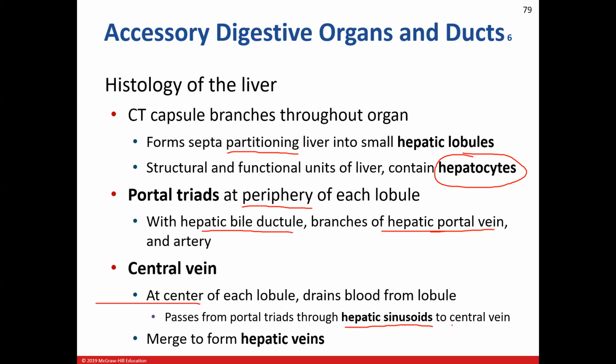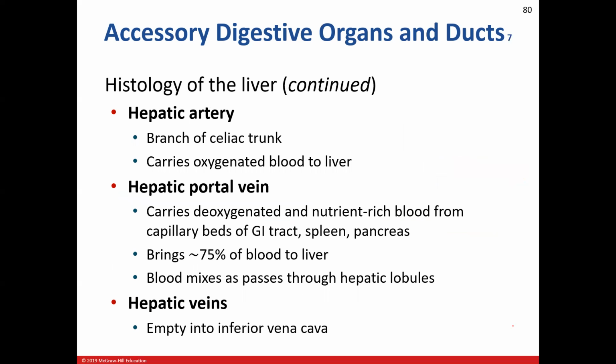It's these sinusoids which will drain into that central vein in the middle. Then these central veins will all converge into larger veins called the hepatic veins. Then the hepatic veins will drain into the inferior vena cava. I'll show you a picture here in a moment.